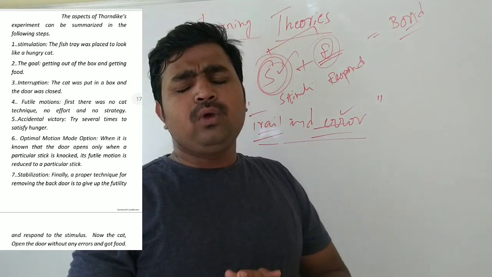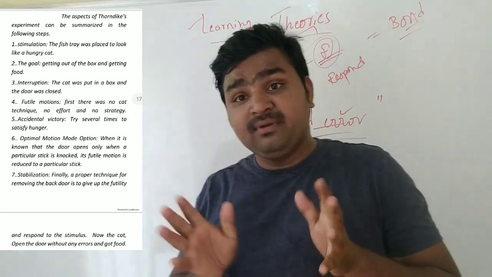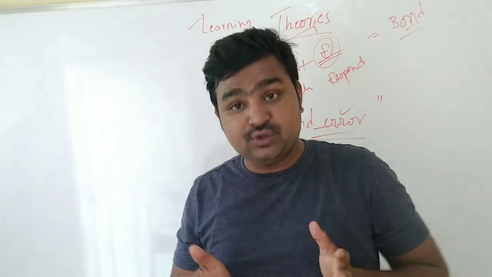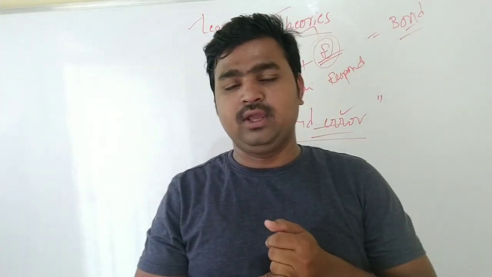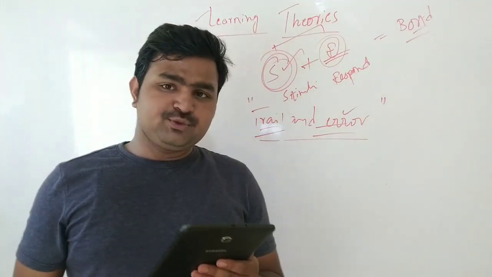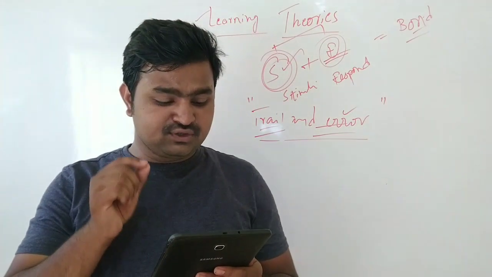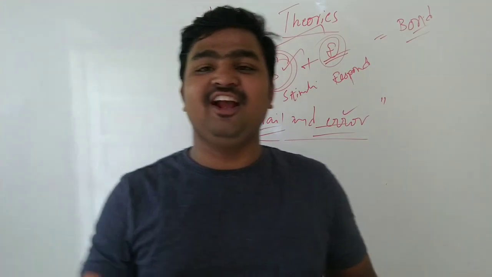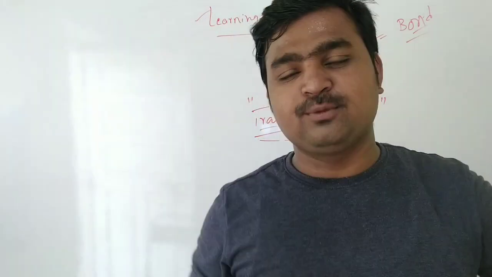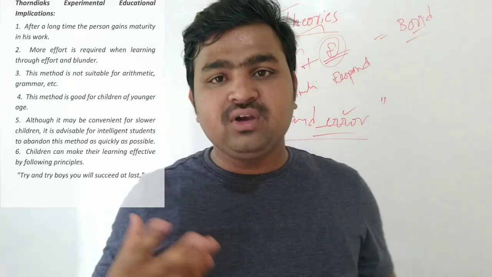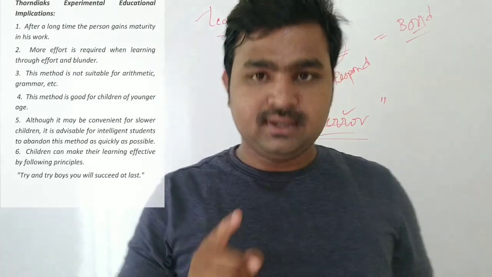Okay, now let's learn what the implications are, what the applications of this theory are in education. It's very important. See, the first one is: after a long time the person gains maturity in his work. Whatever work you take, when we do the same work for a long time, we get experienced in it, isn't it?